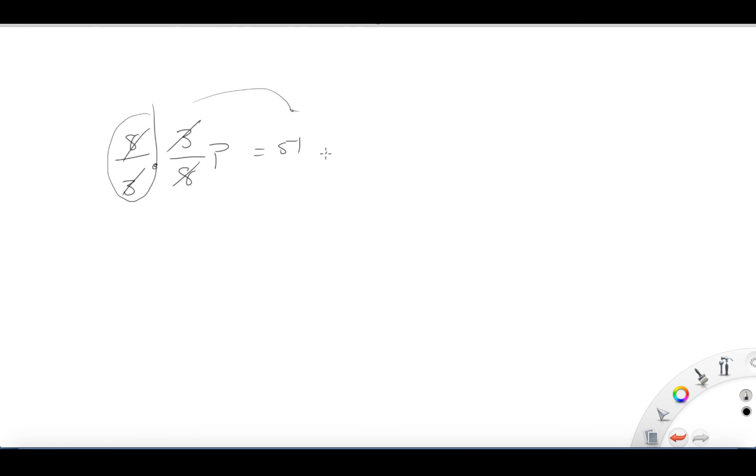So we're going to multiply times 8 and divide by 3, and we can multiply 51 times 8 and divide that by 3 so that it's not an issue. And we'll come up with the same answer, so pages will equal 136.